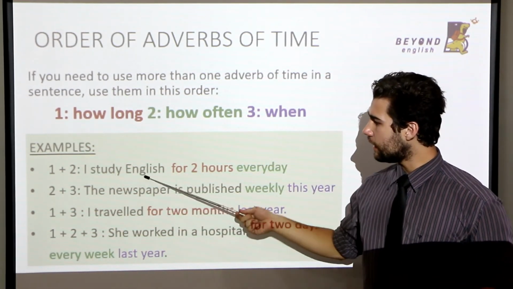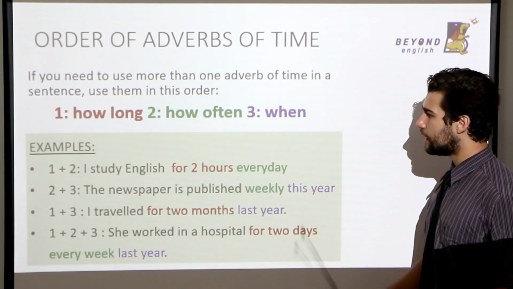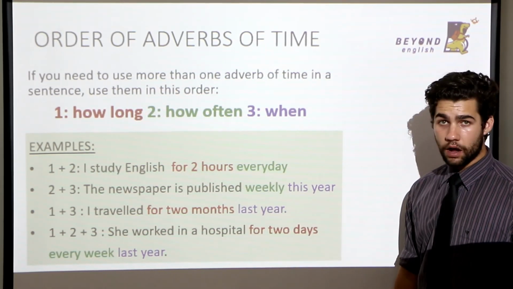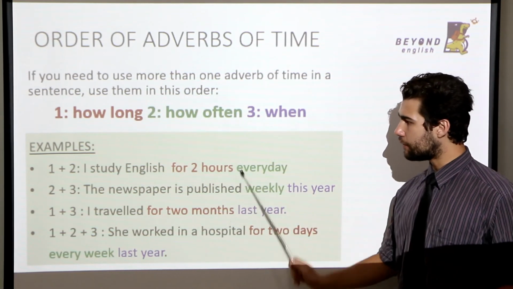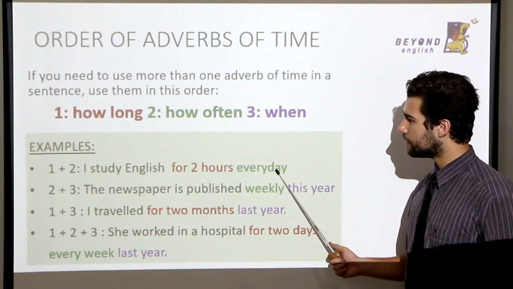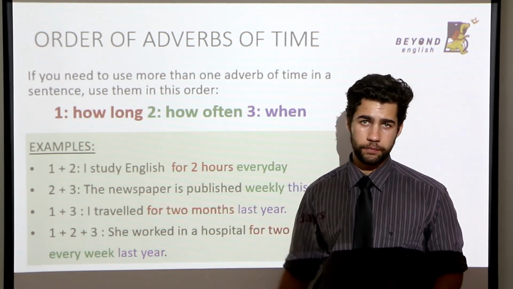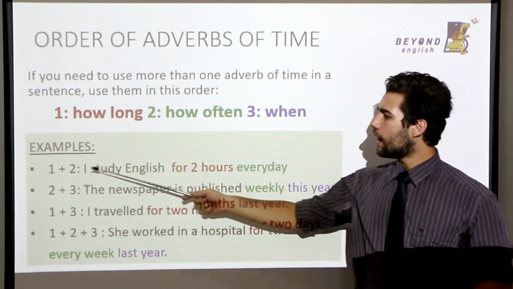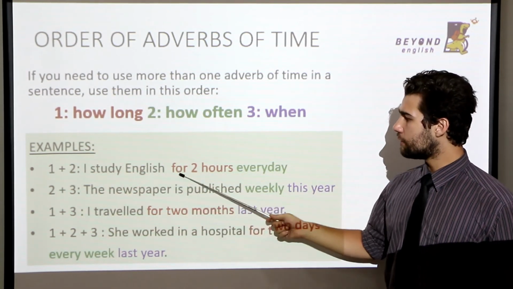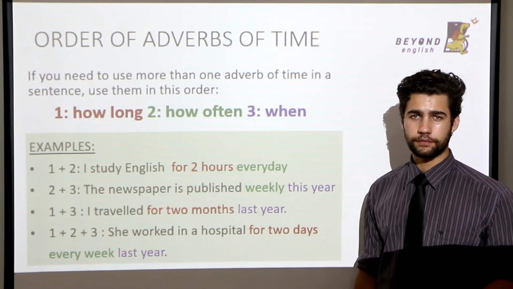I study English for 2 hours every day. How long? For 2 hours. How often? Every day. Remember, 1 and then 2. So, I study English for 2 hours every day.